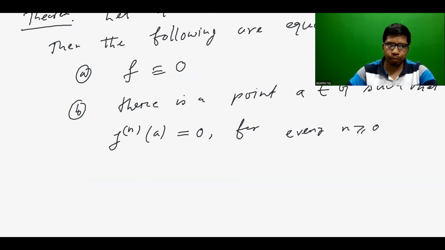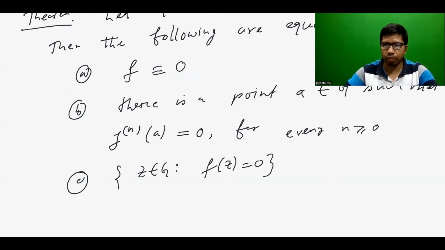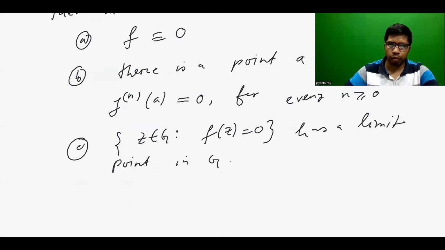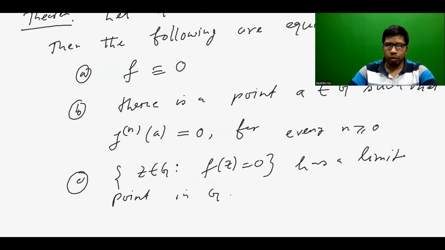And number C, the collection of all zeros of f has a limit point in G. So this is the statement of the theorem.